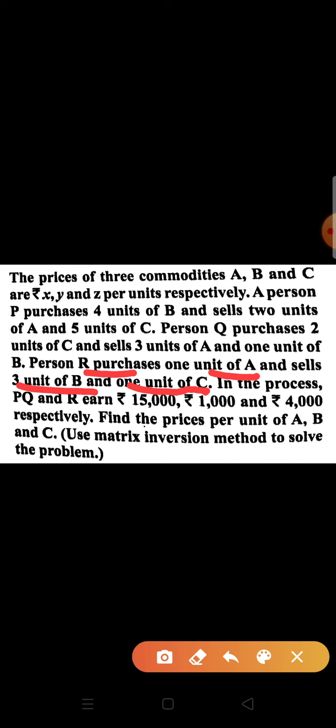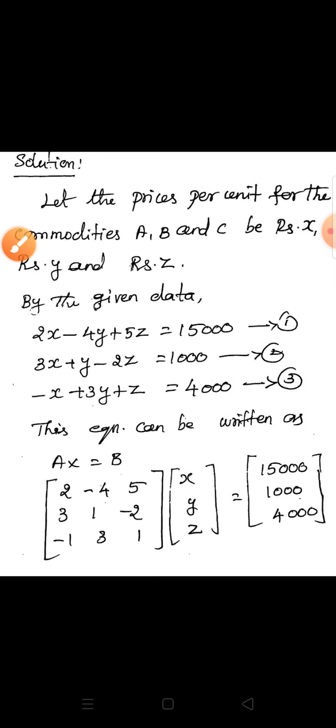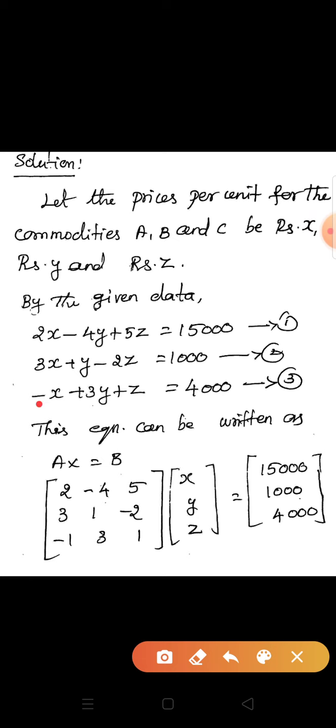R earned 4,000 rupees. So the third equation is minus x plus 3y plus z equal to 4,000. We write in matrix form, that is AX equal to B.